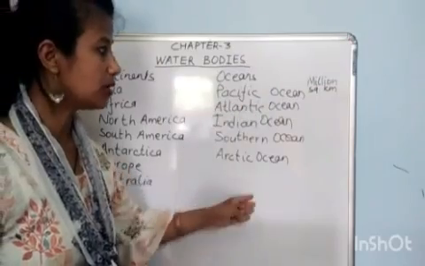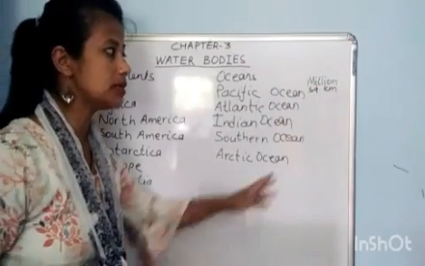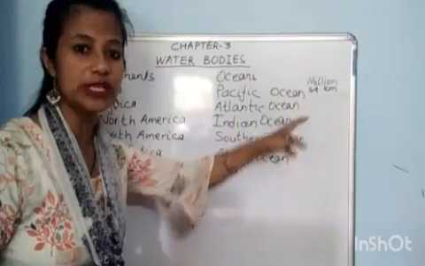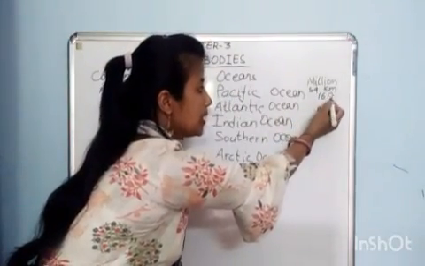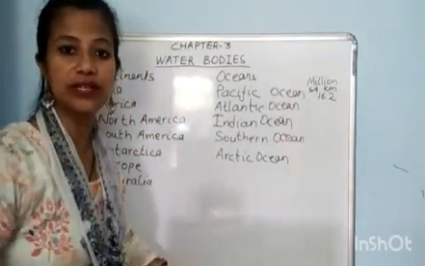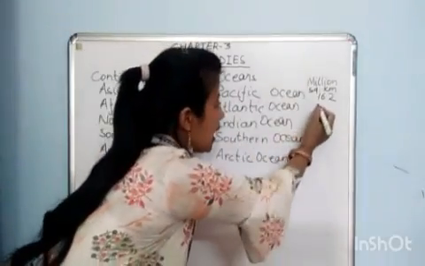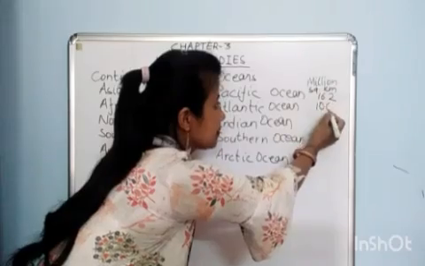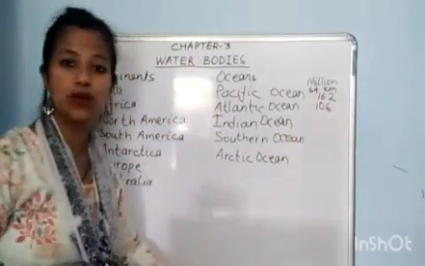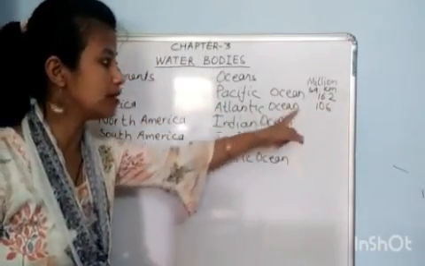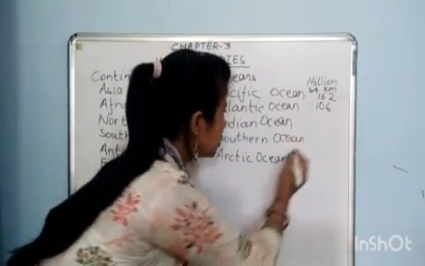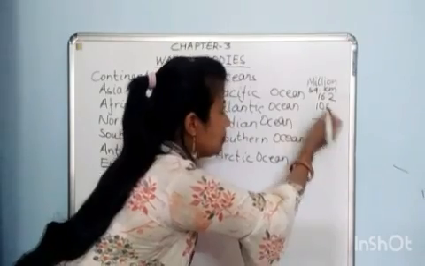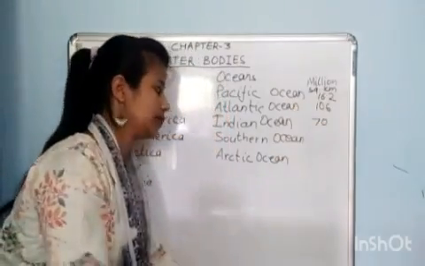The area which they cover is expressed in million square kilometers. Pacific Ocean, 162 million square kilometers. Atlantic Ocean, 106 million square kilometers. Indian Ocean, 70 million square kilometers.